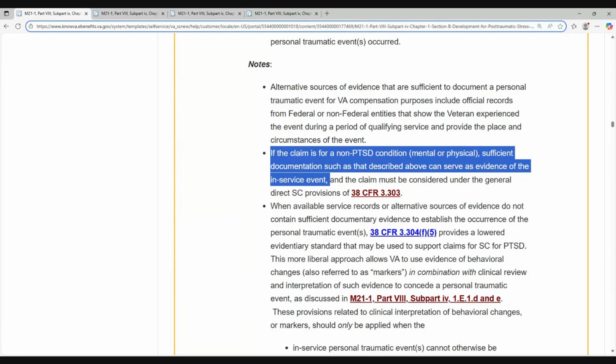You can have another diagnosis, MDD, GAD, dysthymia, whatever you have diagnosed. Don't be scared if you have a non-PTSD diagnosis, but the actual event was a stressor due to an MST-related trauma or personal trauma.